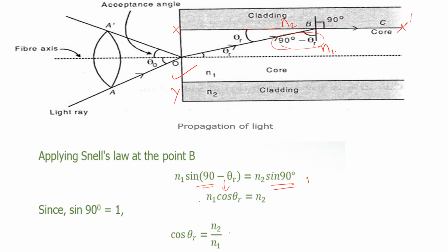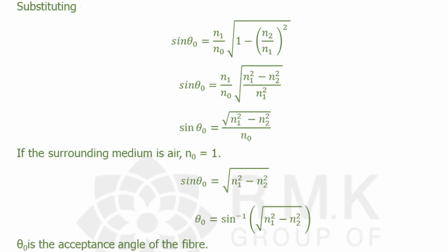Substituting cos theta r is equal to n2 divided by n1 in the first Snell's law equation, that is, sin theta naught is equal to n1 by n0 into root of 1 minus cos square theta r. So cos theta r is equal to n2 by n1 in the previous equation. Therefore cos square theta r is n2 square divided by n1 square.